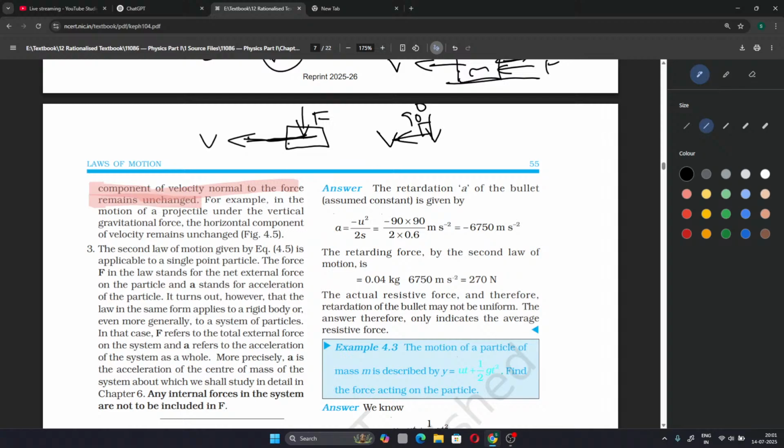In such a case, this velocity remains unchanged. The body will continue to move in this direction. It will experience a force like this, and a new velocity on this side will be created, and it will move like this as well. But that is secondary. We can say this velocity component, when this angle is 90 degrees, doesn't change. This velocity will remain constant.